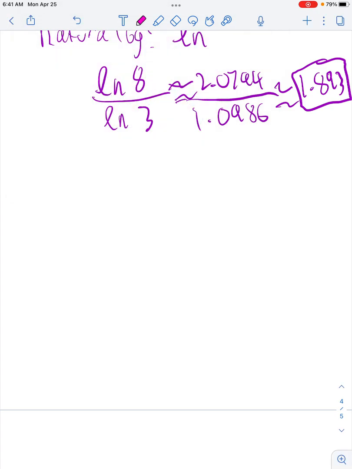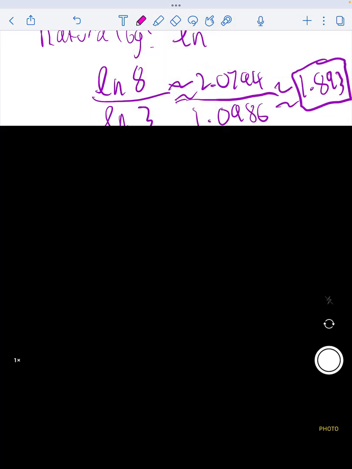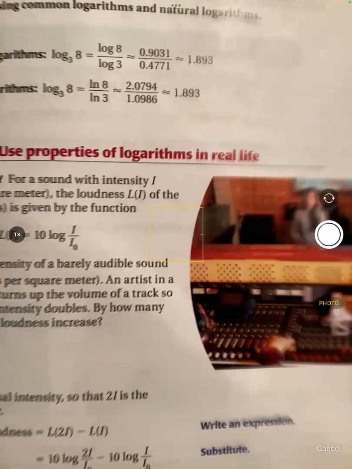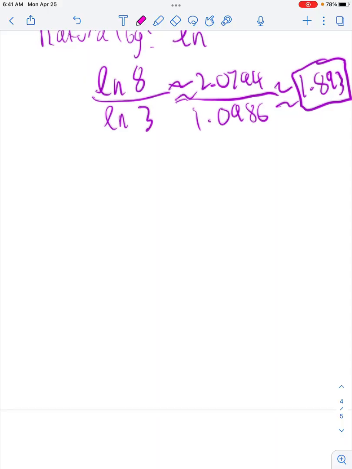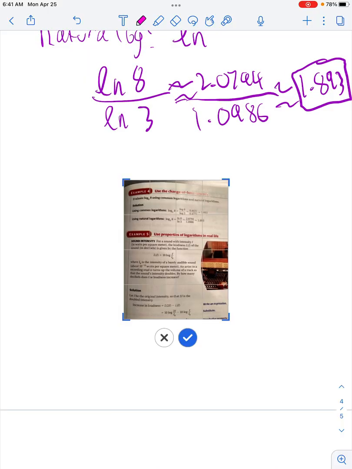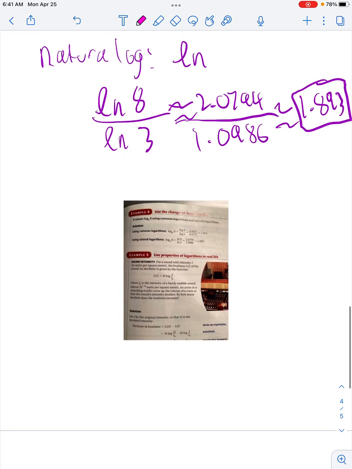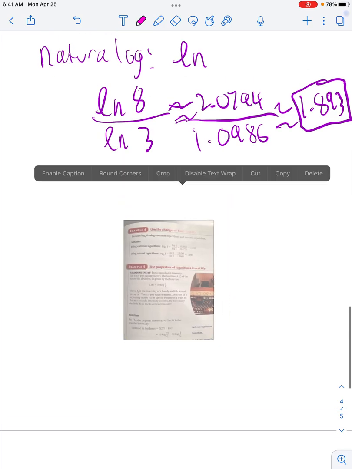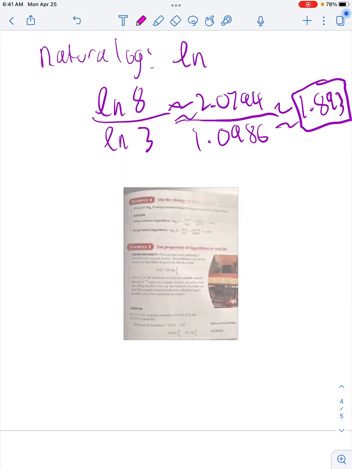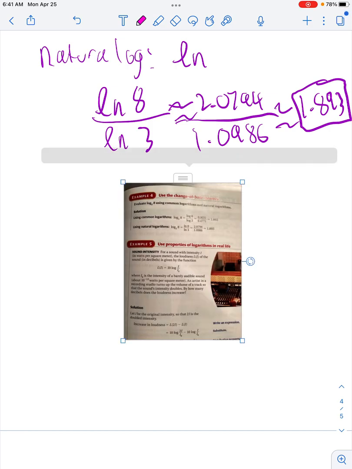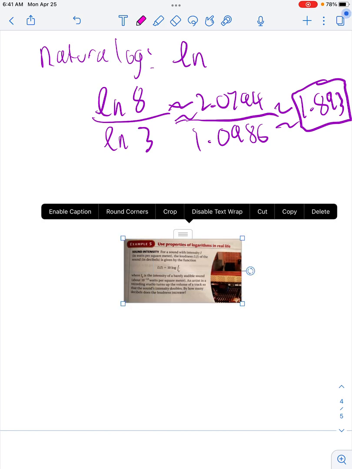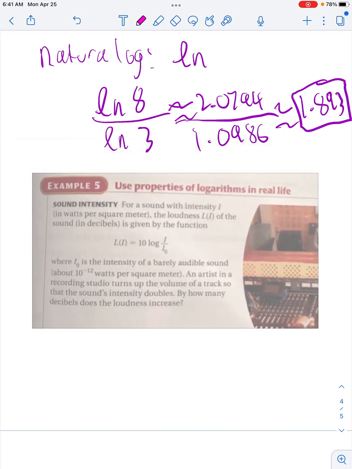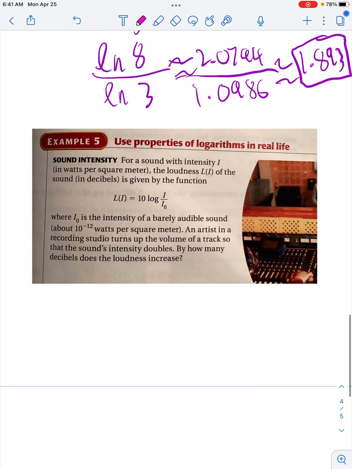All right, I'm going to take a picture, one last example using logs in real life here. So let's take a look at this. I gotta crop it. There we go. Graphing sound. This is like, when are you going to use logs in real life?